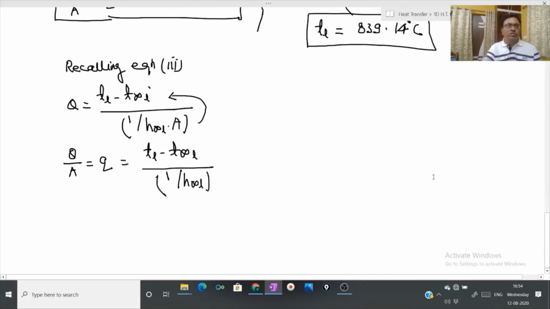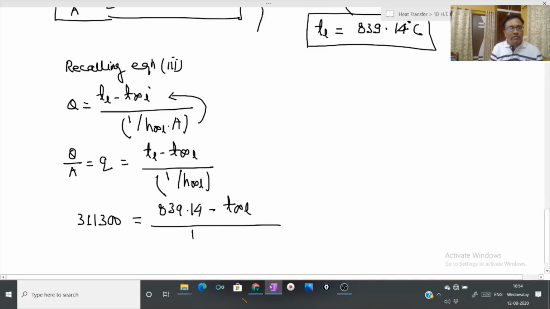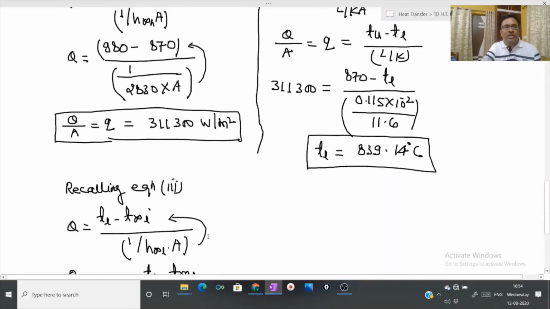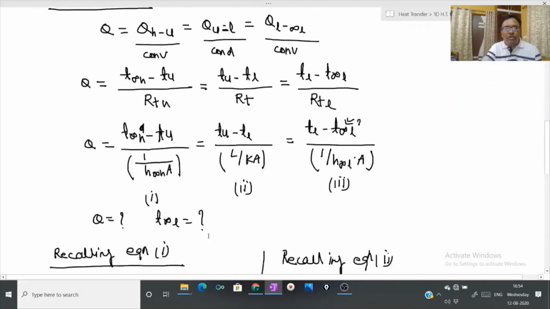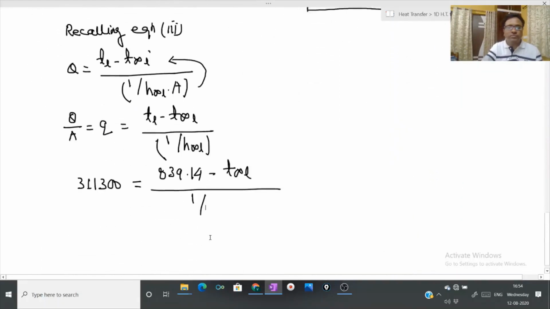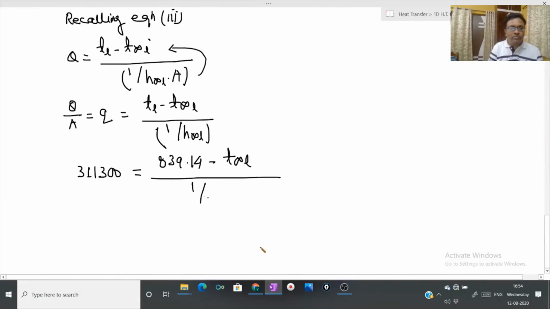Let us put in all the values. Q over A is nothing but 300 watt per meter square. TL is 839.14 degrees Celsius. T infinity L is to be calculated, and the value of convective heat transfer coefficient on the cold air side, that is H infinity L, is 1415 watt per meter square Kelvin.